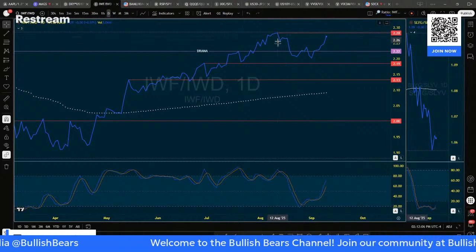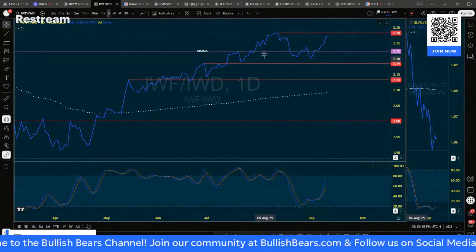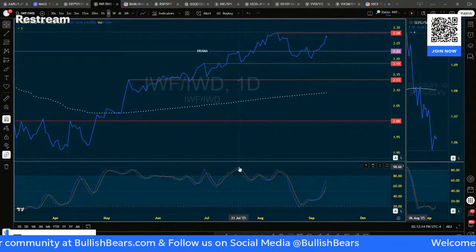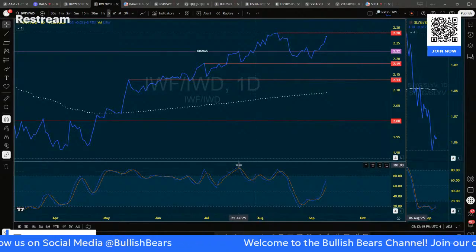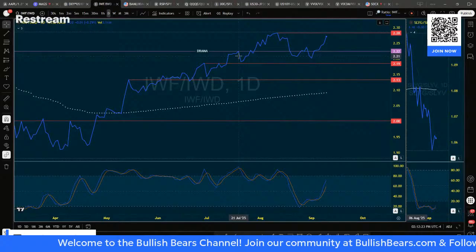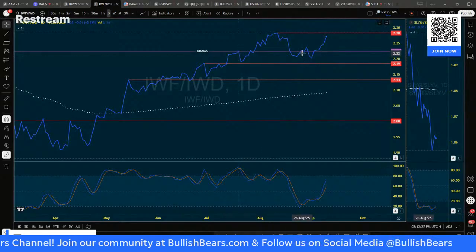I've been keeping this marked since this last high, and that's why I kept it. That stochastics topped out here, and we've been getting some divergence since then. So this is the drama level.